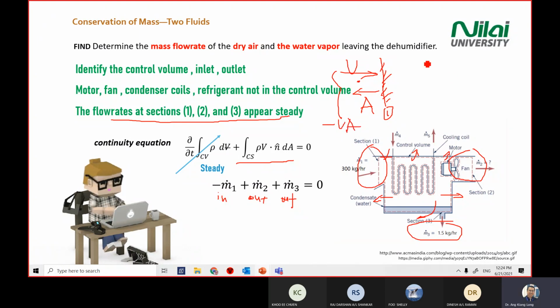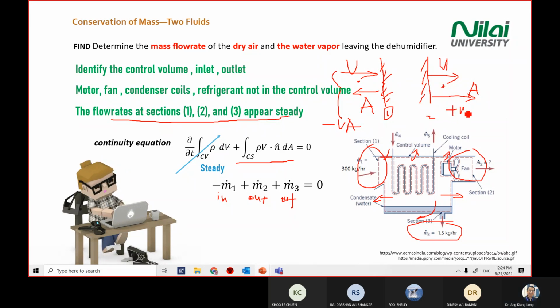For section 2, you draw the opening, you draw the velocity vector, and then you draw the area, which opens to the right, so you draw an arrow for your area A. You see these two arrows go side by side, which gives a positive value, so positive V2 A2 for number 2.